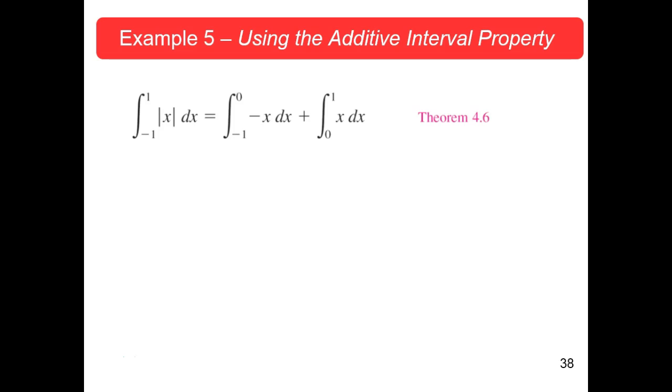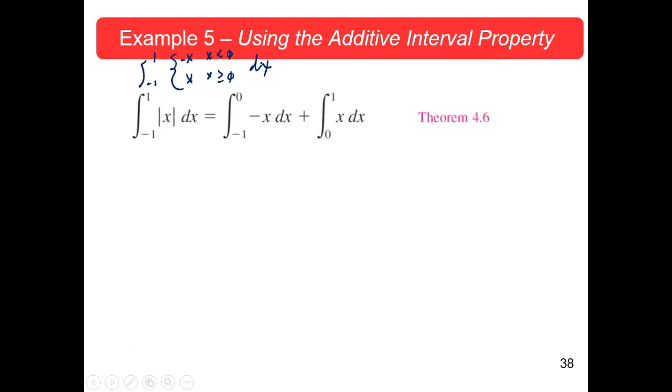This would be the integral from -1 to 1 of a piecewise defined function, which is minus x anytime x is less than 0, and positive x anytime x is greater than or equal to 0, dx.